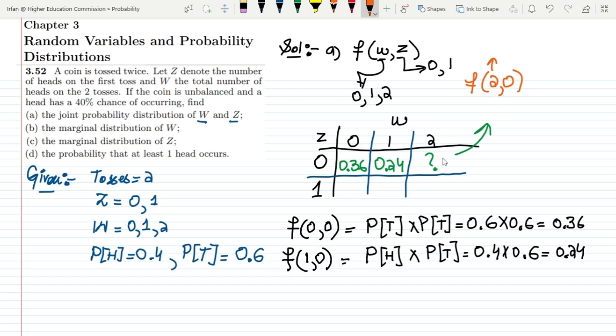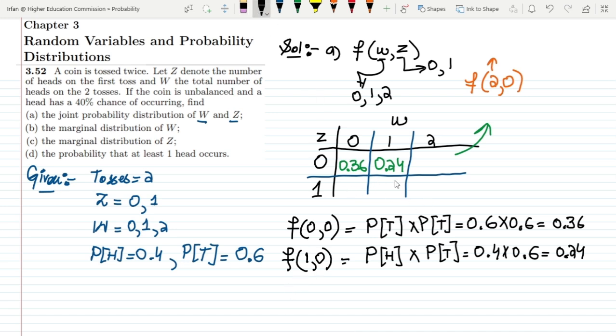Therefore we will leave it as it is; it is not possible in this experiment. Similarly, here it is saying that the cumulative is 0, while in the first trial we have got 1 head, so it is again not possible, and we will leave this one as well.